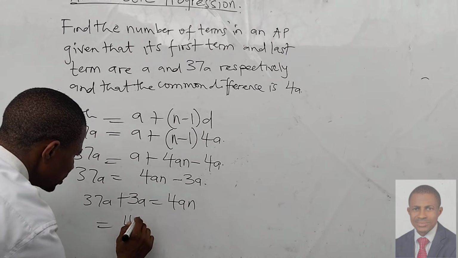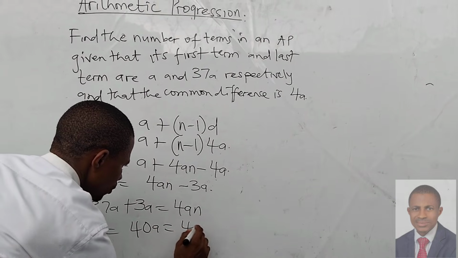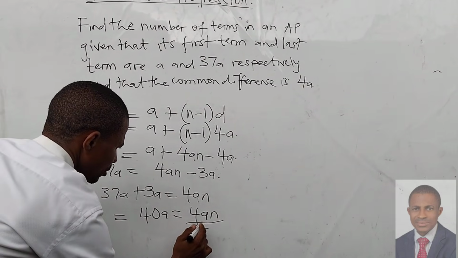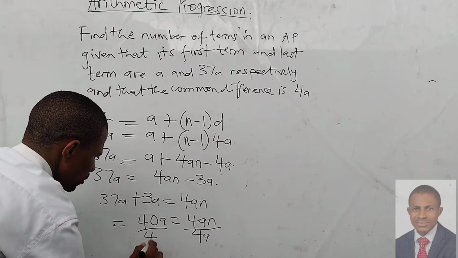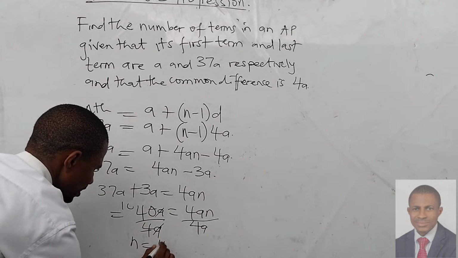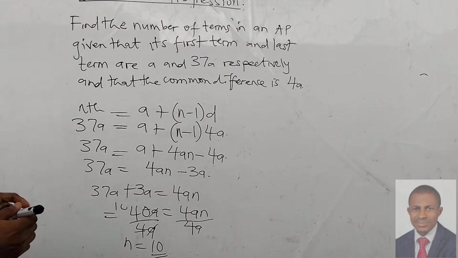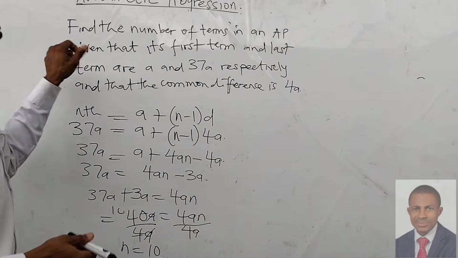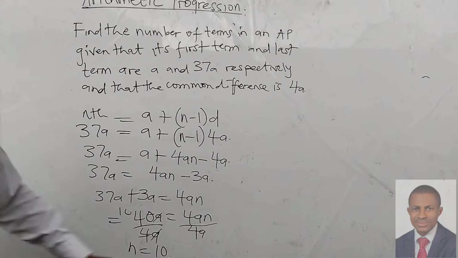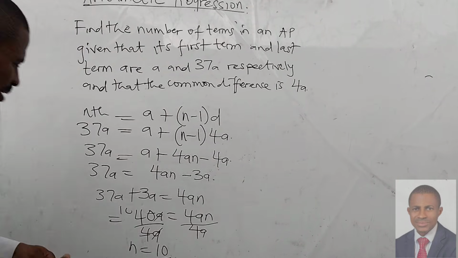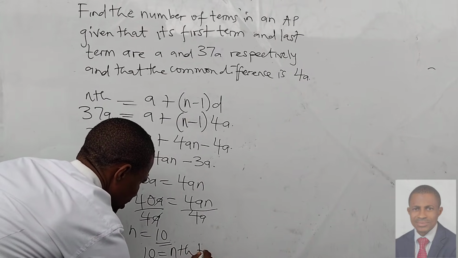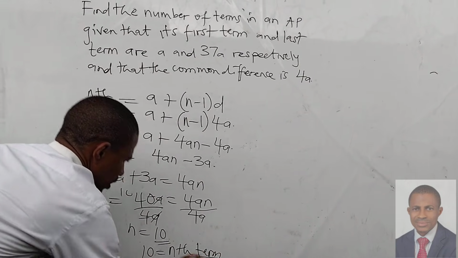So 40a equals 4an. So we can divide both sides by 4a. That is 10. So our n will be 10. So the number of terms to give us this expression will be n, which is the 10th term. So 10 is the number of terms for this particular problem.